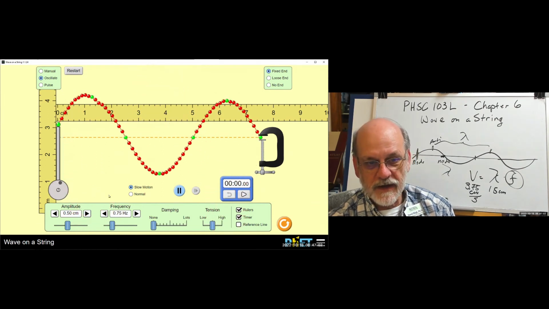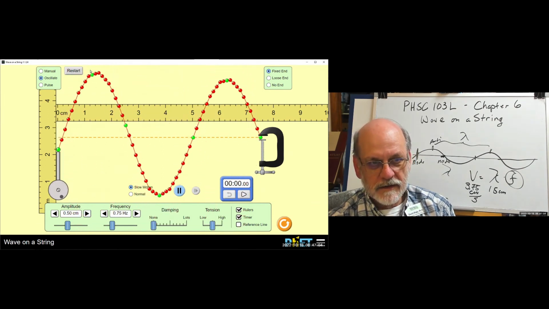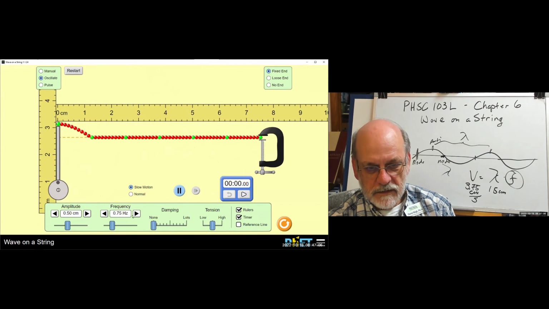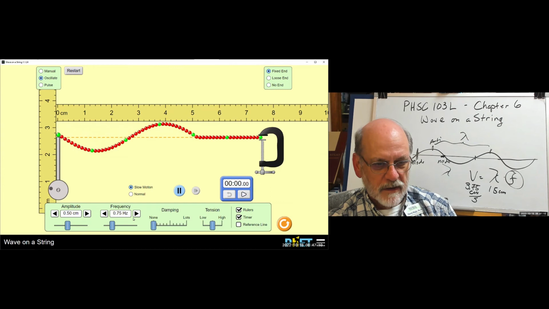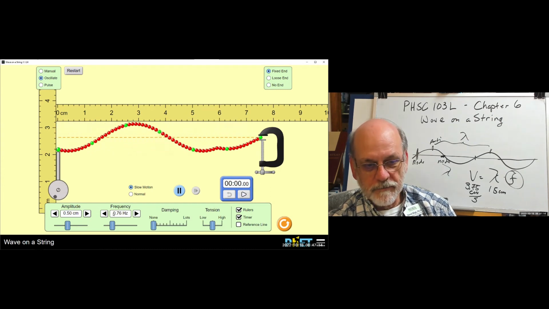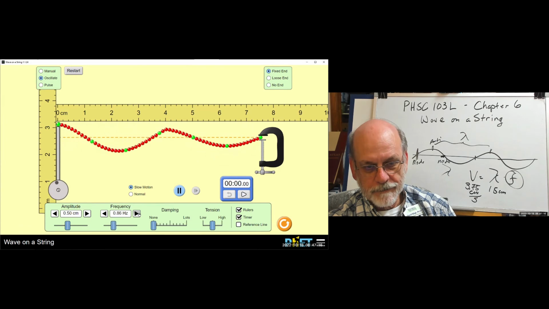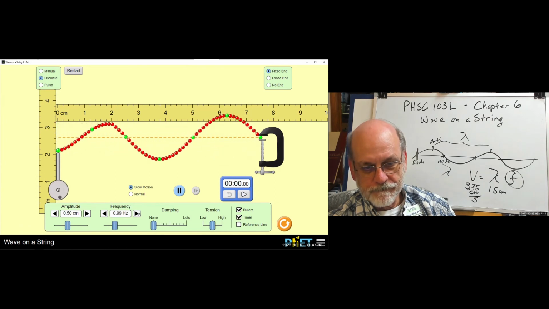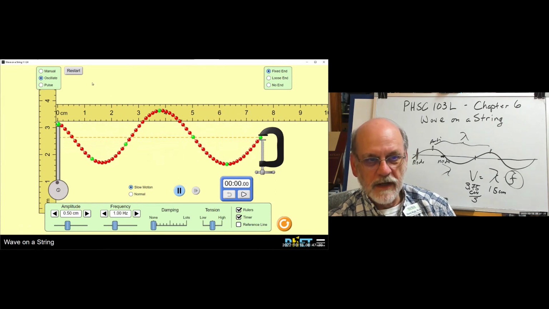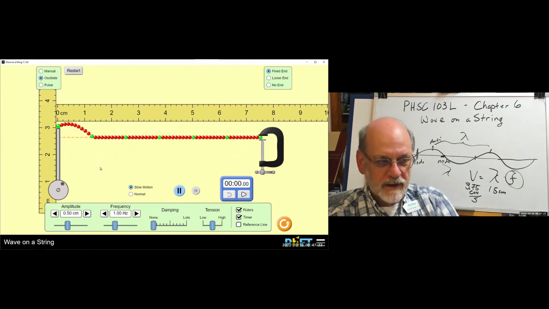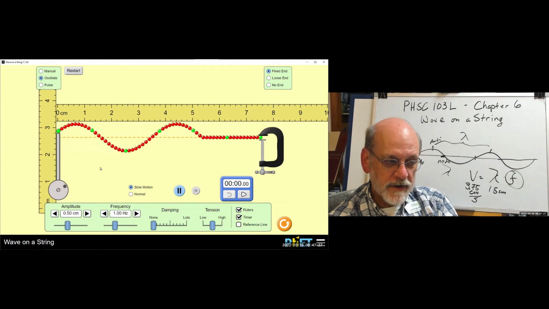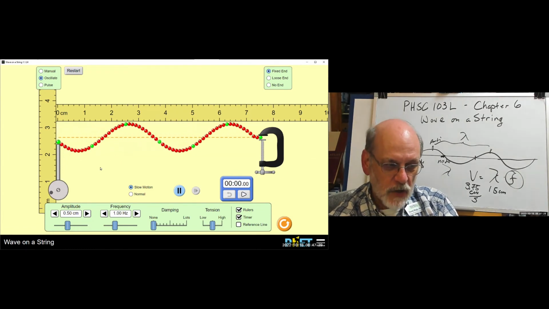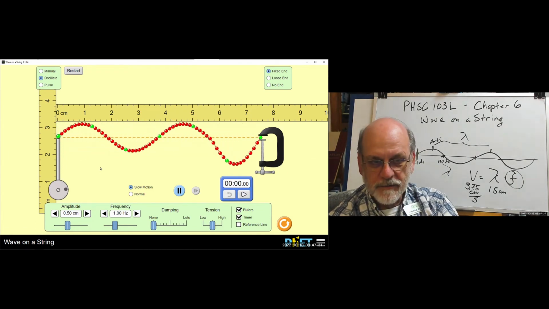All right, so let's restart. And let's go up to 4 times, let's see, 50, let's go up to 1. There we go. Now let's restart it and see if it works. We should have a standing wave there with 5 nodes and 4 antinodes.